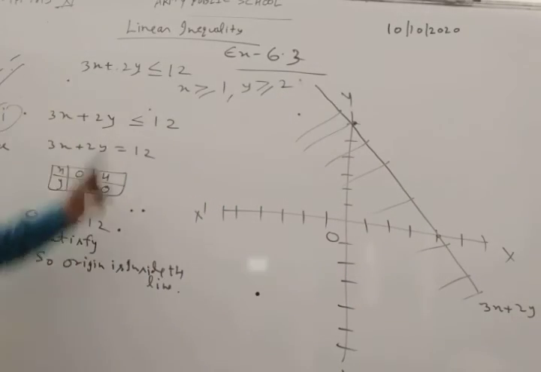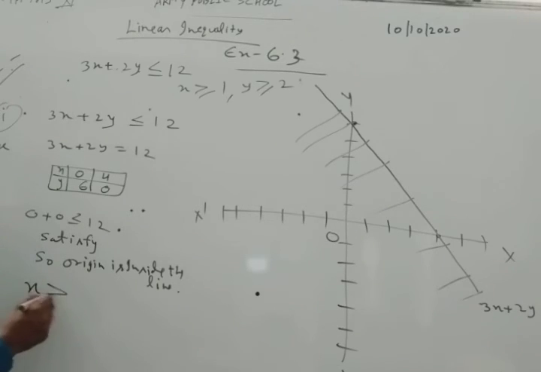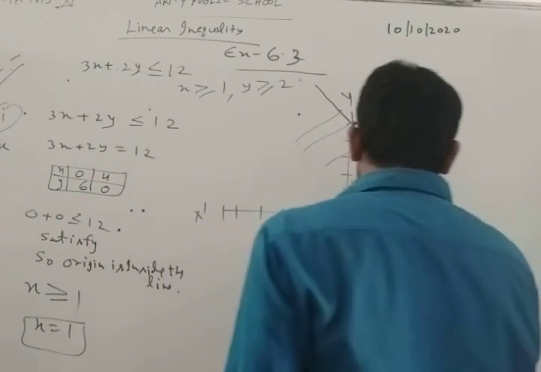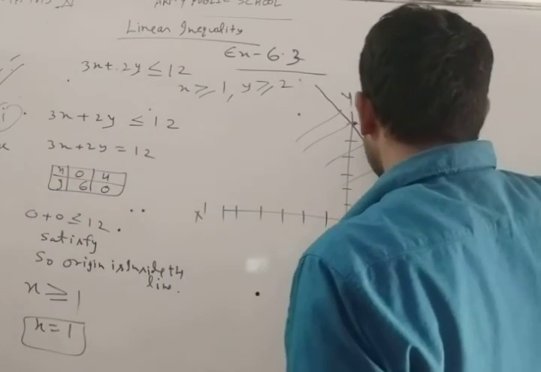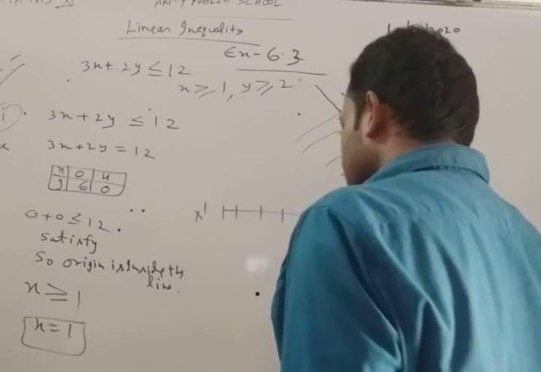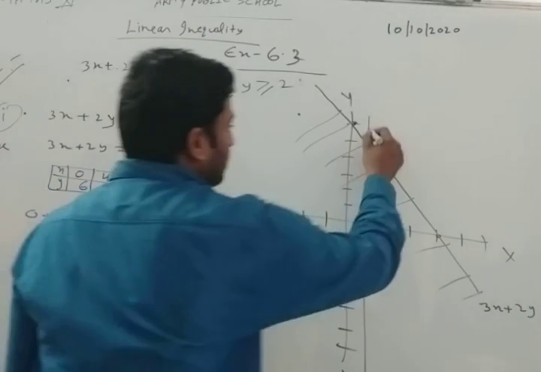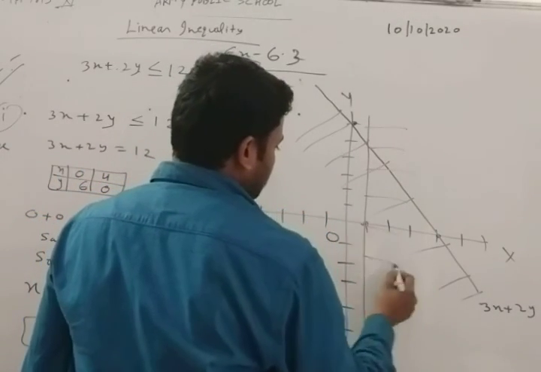Now check another. x is greater than equal to 1. So x is equal to 1, which is parallel to the y axis. Draw the line. Now check origin. Not satisfied. So it is outside this.